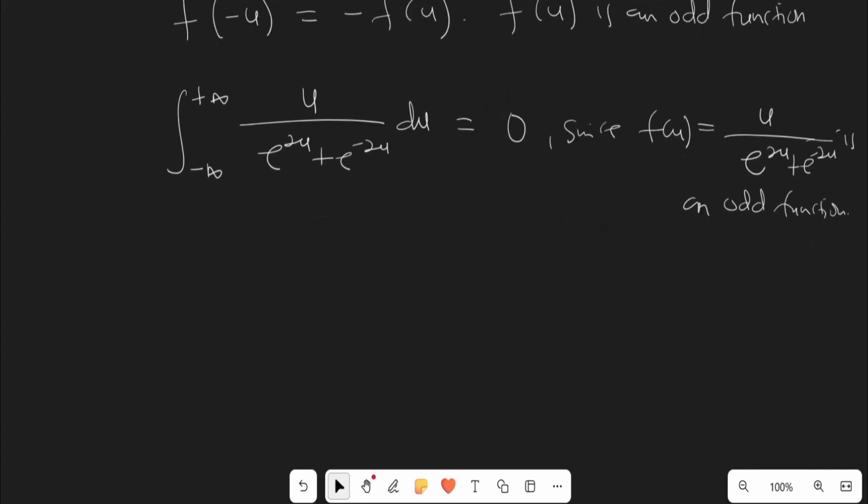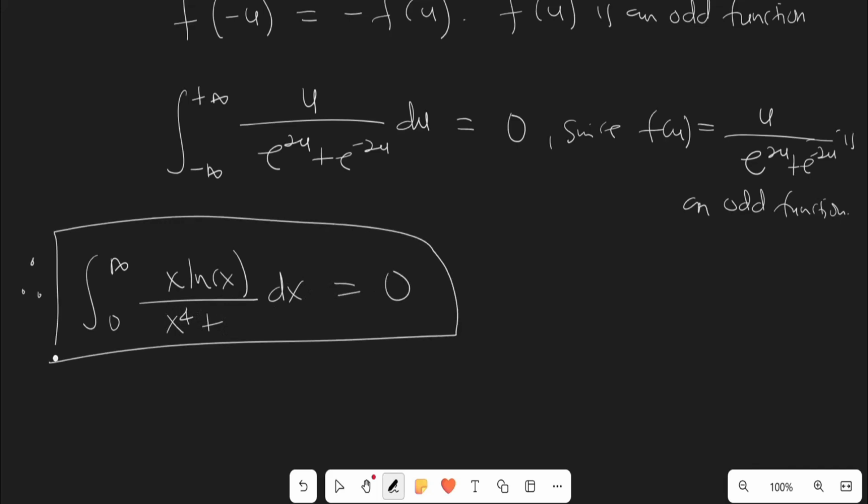By extension, that implies that our integral from 0 to infinity of x natural log of x all over x to the fourth plus 1 dx is equal to 0. So this is the value of our integral. That is how you evaluate this integral.